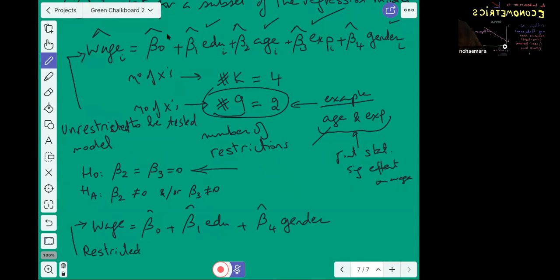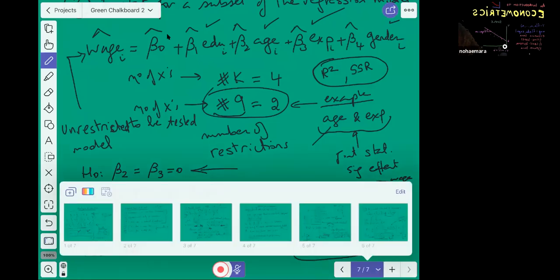Now, I take the measures of fit here. So I need to look at my R square here, and I need to look at my R square here. Or equivalently, as I mentioned at the beginning, instead of looking at R square, I can look at the sum of the squared residuals here versus the sum of the squared residuals here. They are equivalent because, again, go back to our very first slide.